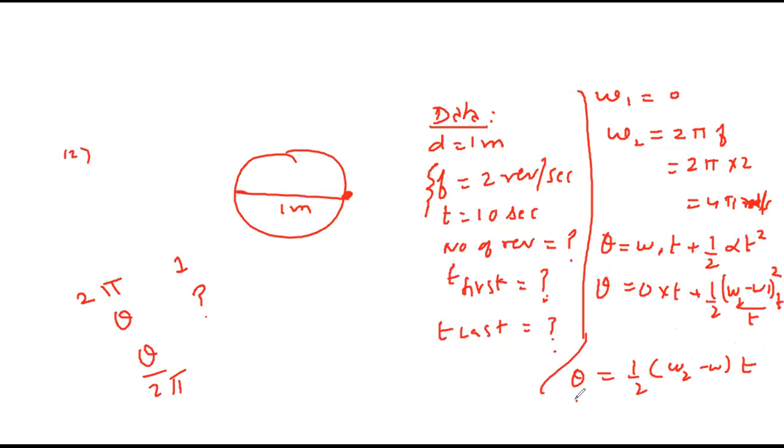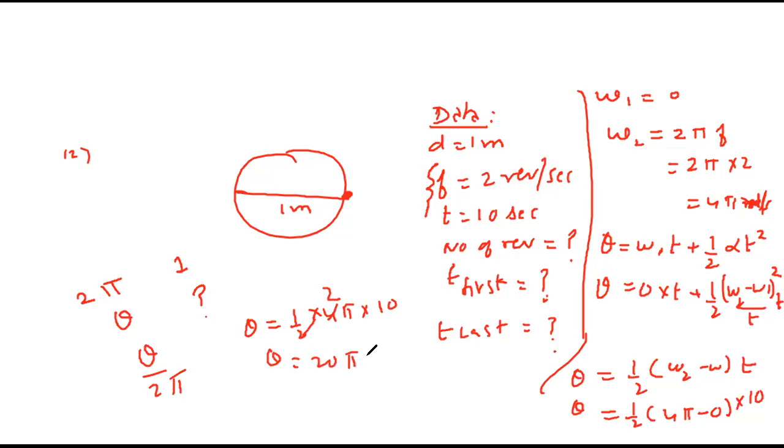Only one t will remain, the other t gets cancelled. So half of 4 pi minus 0 into time 10. Therefore theta is half of 4 pi into 10, so theta is 20 pi radian. So the number of revolutions is theta upon 2 pi, which is 20 pi upon 2 pi equals 10.